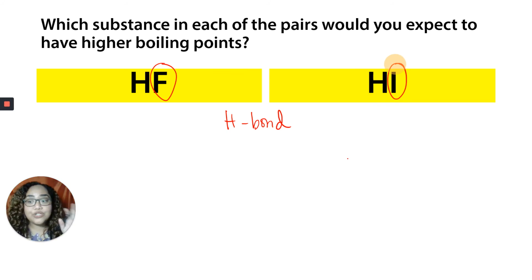Between the two, which would have a bigger atomic size? Fluorine is in period 2, and iodine is in period 5, so it's below fluorine. That means iodine would be heftier than fluorine. Therefore, hydrogen iodide will have a higher boiling point.